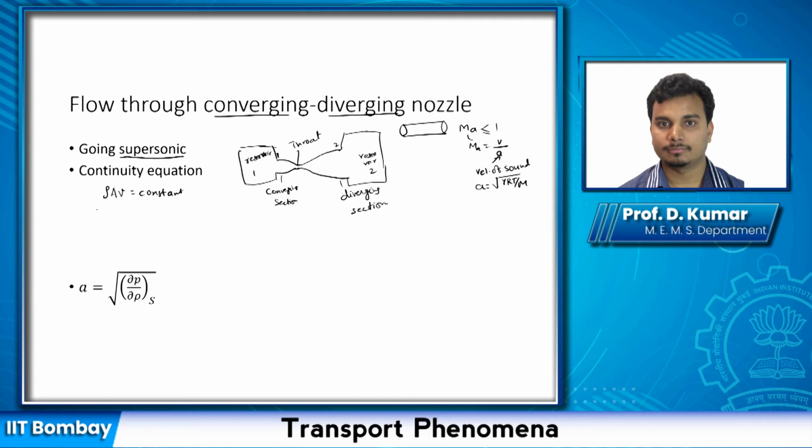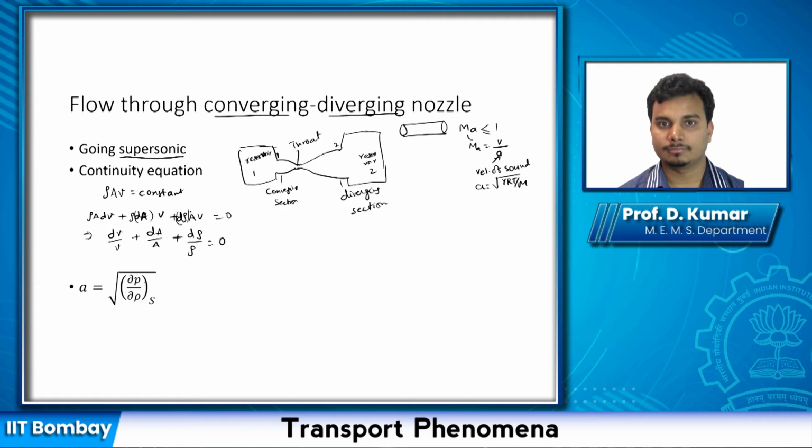If I write this in differential form, you have rho A dV plus rho V dA plus A V d rho equals 0. If you divide everything by rho A V, then you will have dV by V plus dA by A plus d rho by rho equals 0.